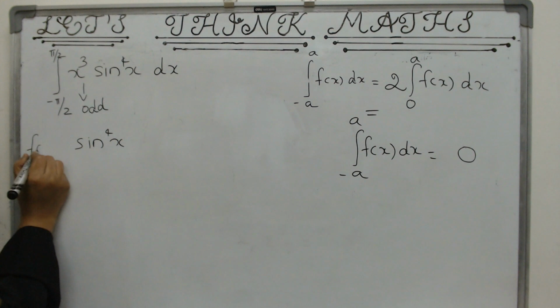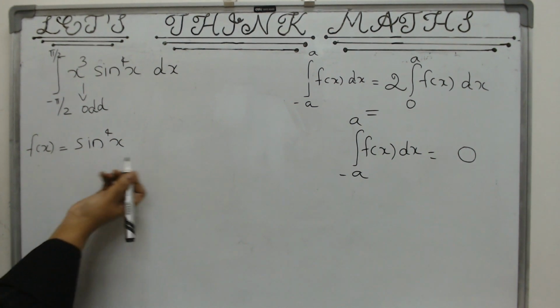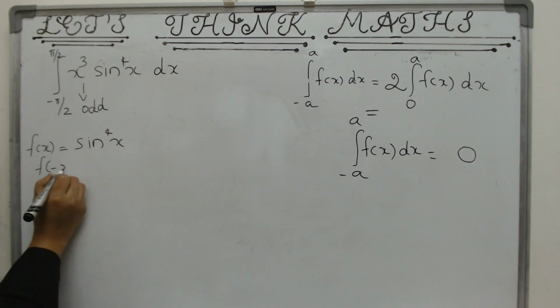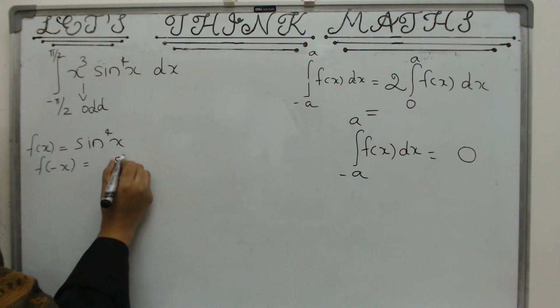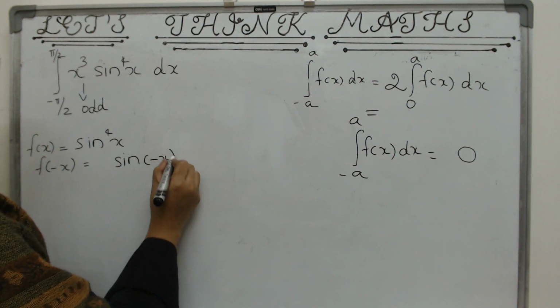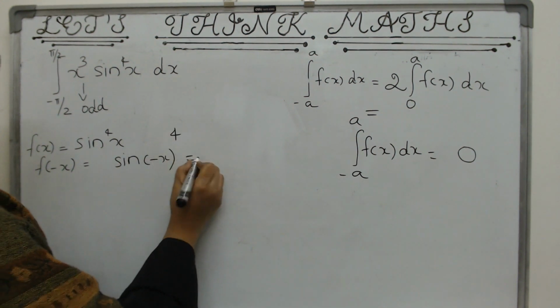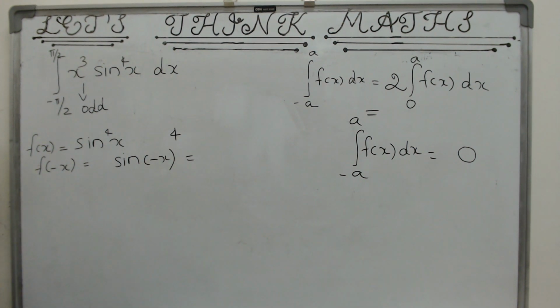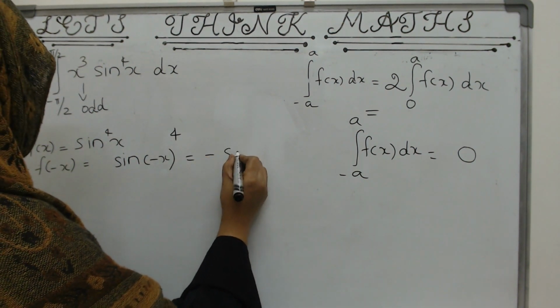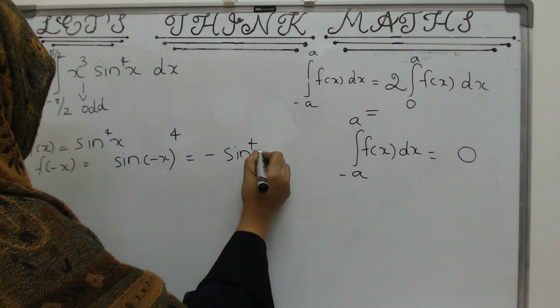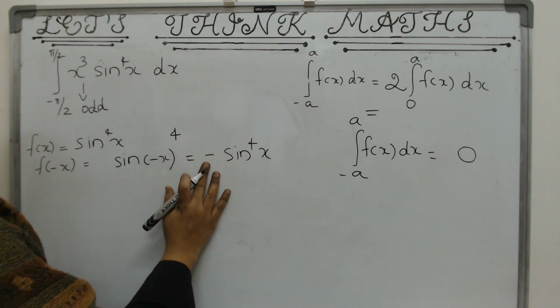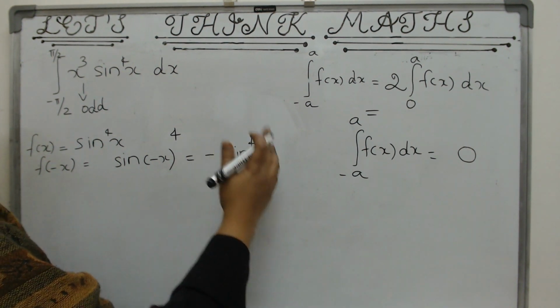So take the first function. Suppose f of x is equal to this. Then what is f of minus x? That is sine of minus x the whole raised to 4. But then sine minus x is what? It will be minus of sine x, because sine is an odd function. Now this is a negative number multiplied 4 times.